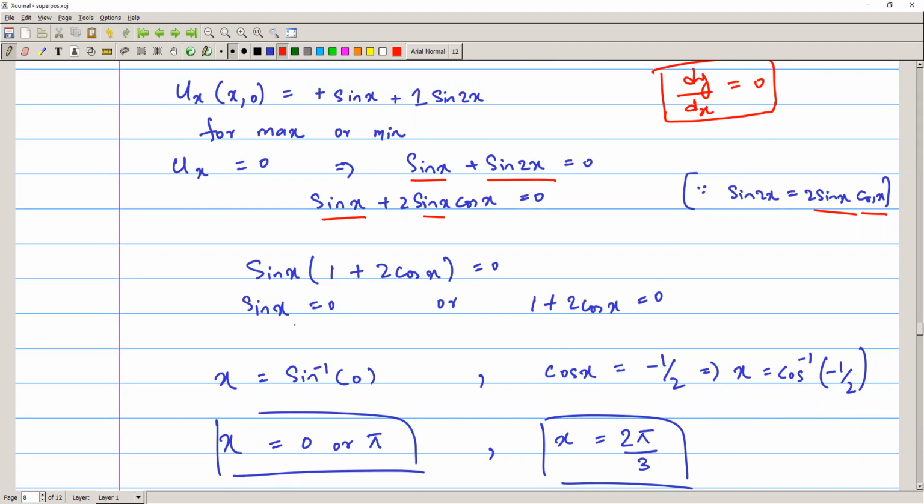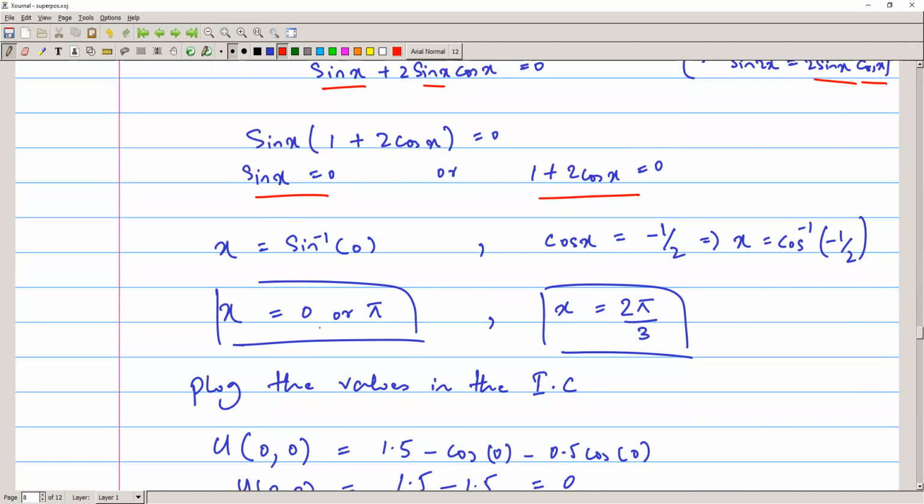So we equate either sine x equals 0 or 1 plus 2 cosine x equals 0. From here we get x equals sine inverse 0, which is either 0 or pi, right? Because sine 0 is 0 and sine pi is also 0.